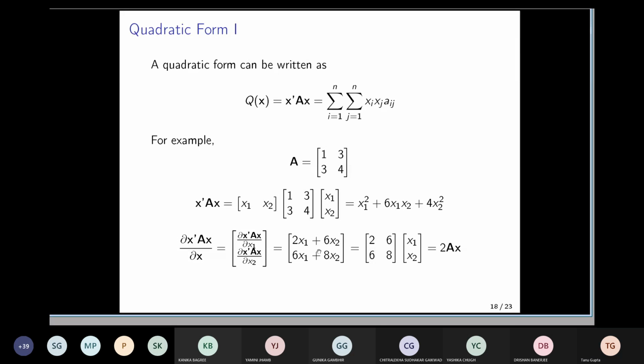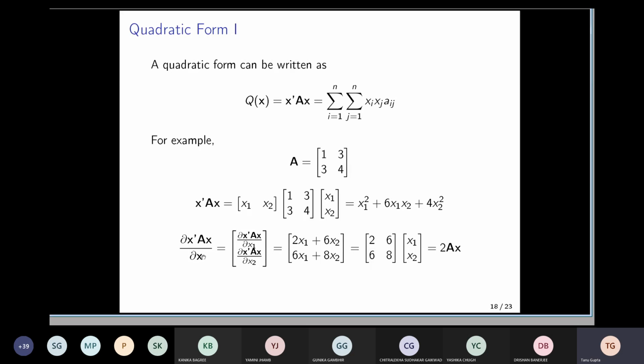Okay. So we can write this matrix like this: 2, 6, 6, 8. This matrix multiplied by vector x. Okay. And this matrix is nothing but 2 times matrix A. So this is what it is, 2Ax.